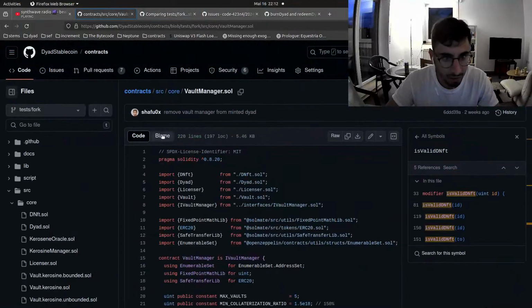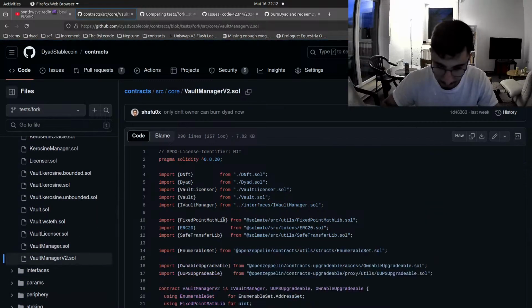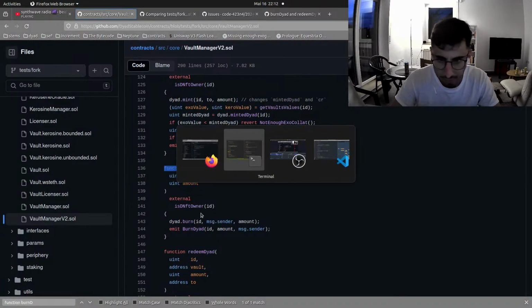Oh, I am in Vault Manager V2. Function burn DYAD. It's the NFT owner, yeah. This should fix it.